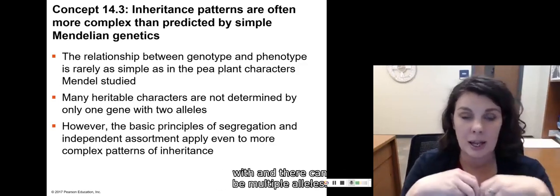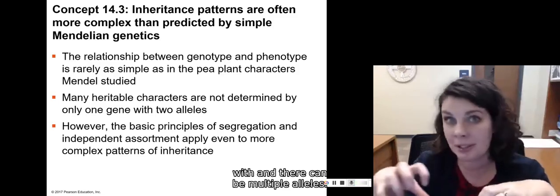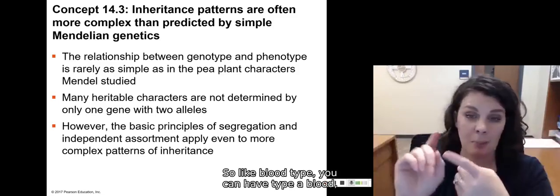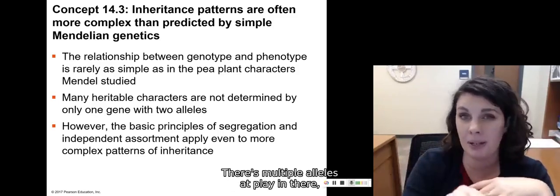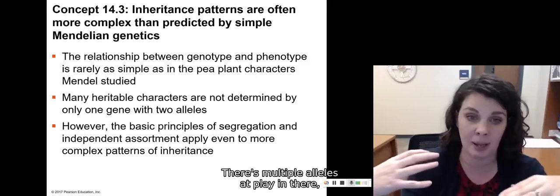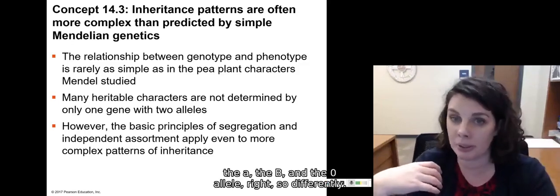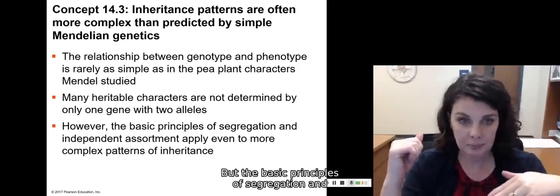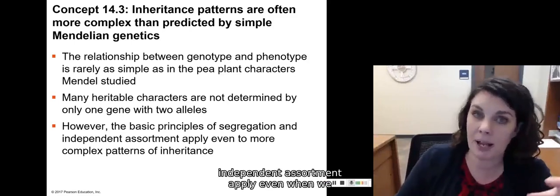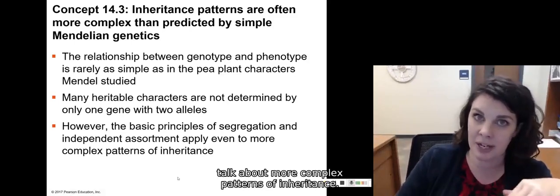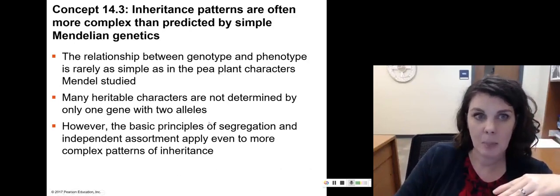There could be multiple genes and multiple alleles. Like blood type, you could have type A, type B, type AB, or type O blood. There are multiple alleles at play there: the A, the B, and the O allele. But the basic principles of segregation and independent assortment will apply even when we talk about more complex patterns of inheritance.